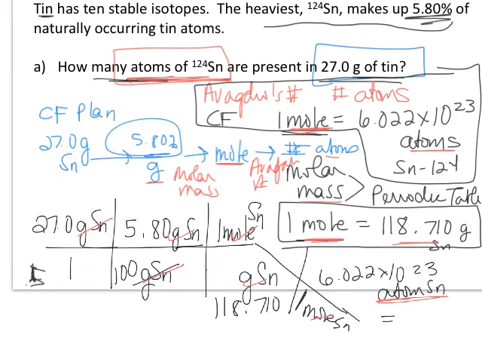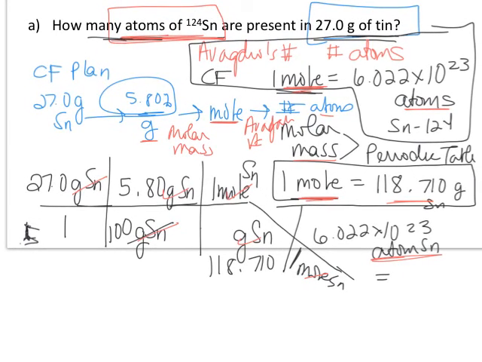So now we get our calculator, and we type in 27.0 times 5.8 divided by 100 divided by 118.710 times 6.022 second function EE to the 23rd, and our answer is 7.944 times 10 to the 21 atoms of tin.